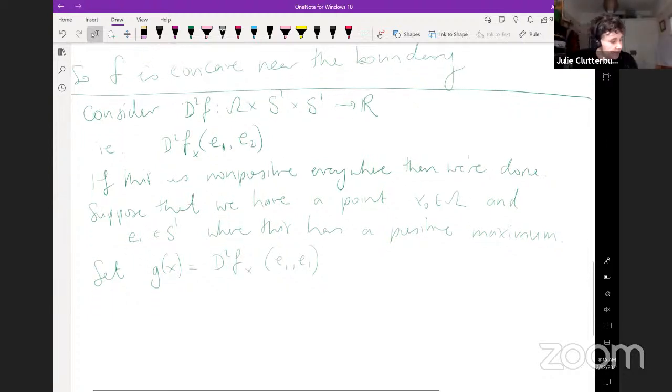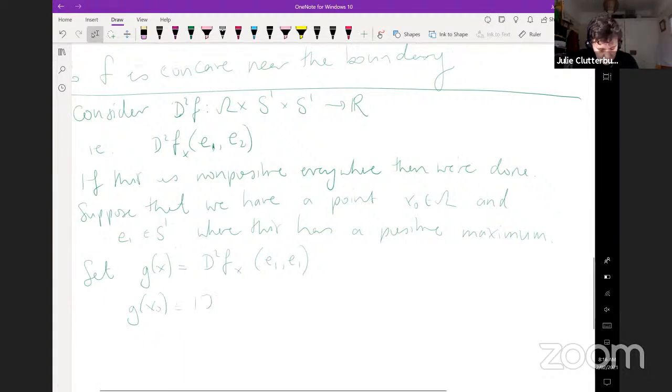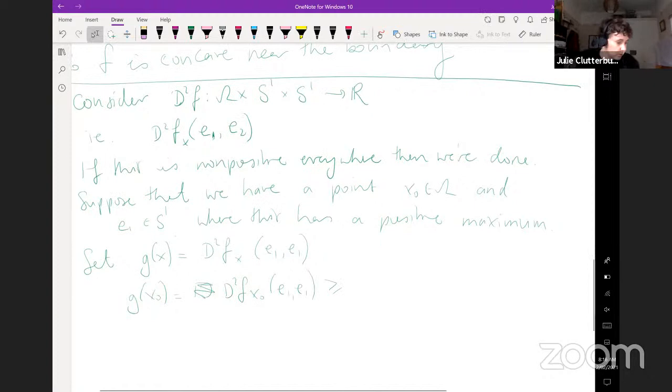So what we have is g of x naught, which is equal to this maximum d2f at x naught e1 e1, and this is going to be greater than or equal to d2f at x.